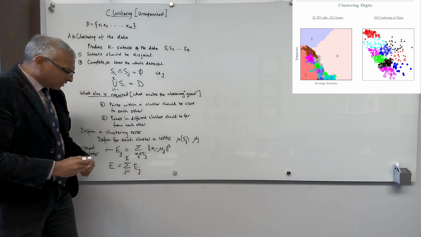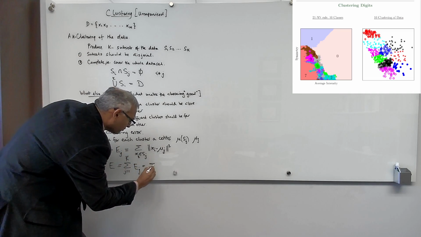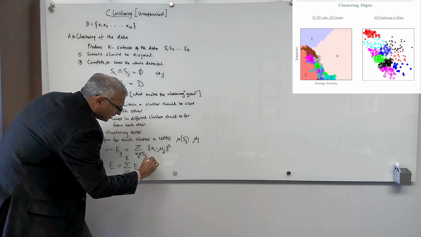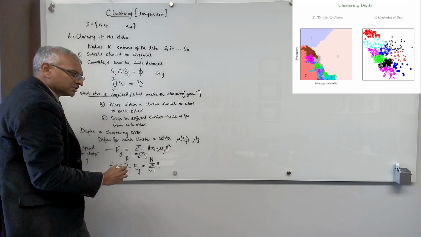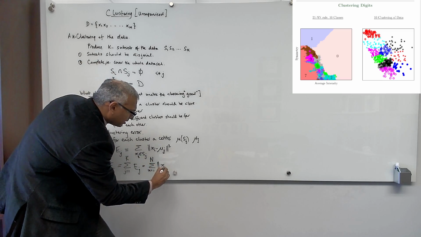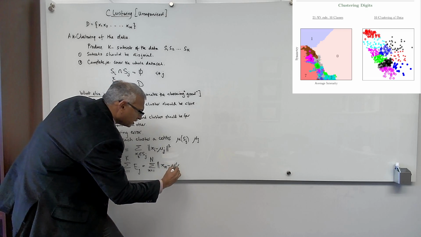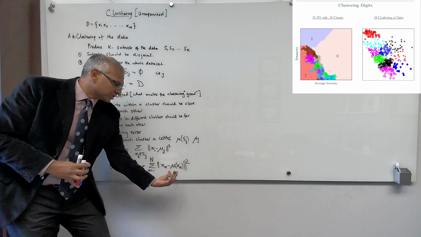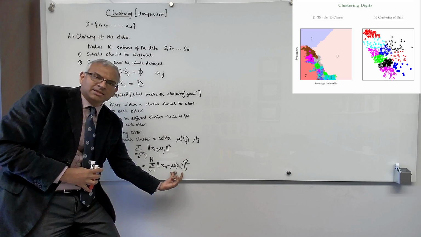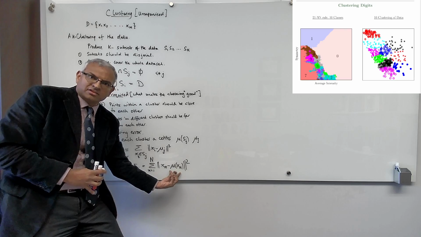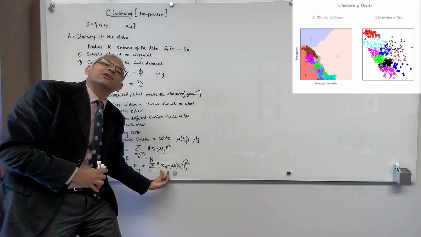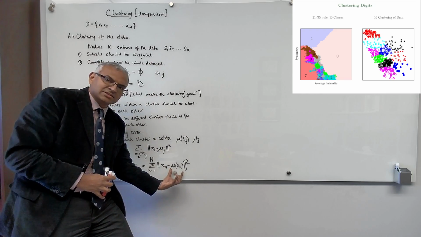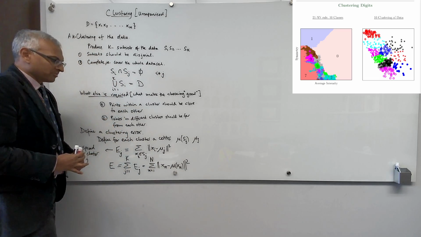You can think of this error measure as the sum over all data points, little n going from 1 to big N, of the distance between x sub n and the center corresponding to x sub n, squared. Where I'm loosely using the notation mu of x sub n to mean the center for the subset to which x sub n belongs. So x sub n belongs to some subset, and that has a corresponding center. And so how far is x sub n from that center?